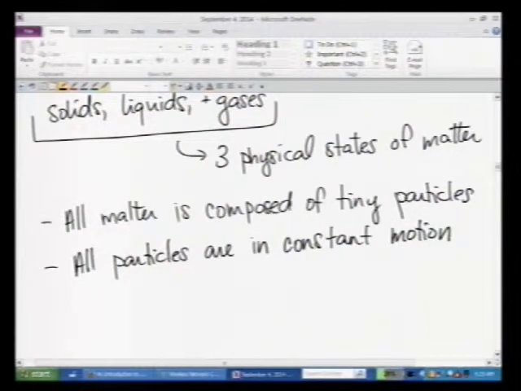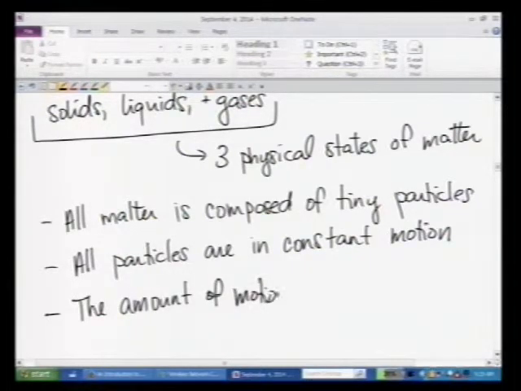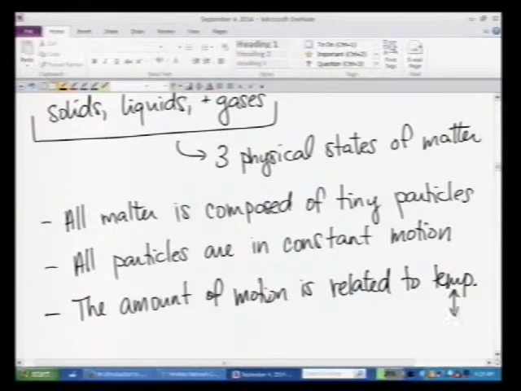Everything is moving all of the time. And the amount of motion is related to temperature. Temperature, when we're talking about chemistry, is a form of energy.